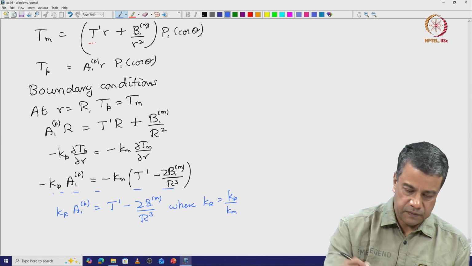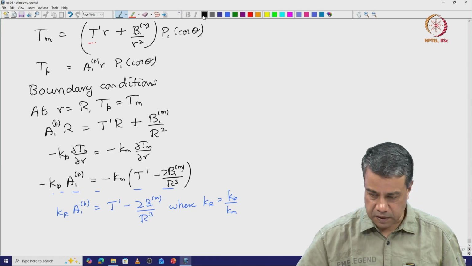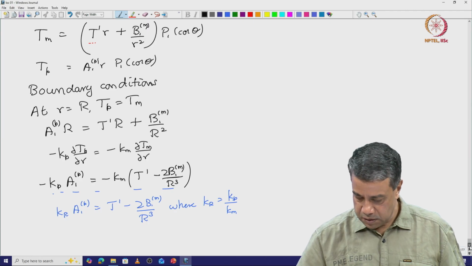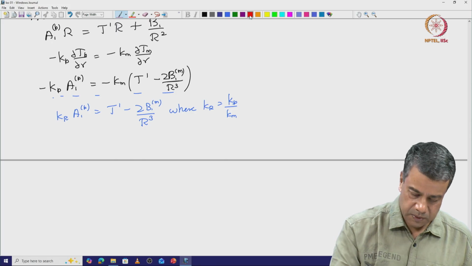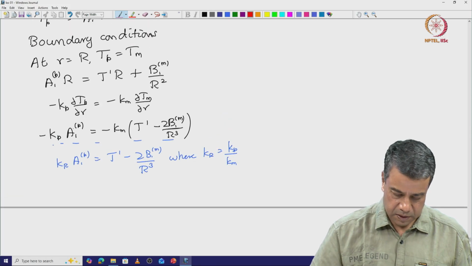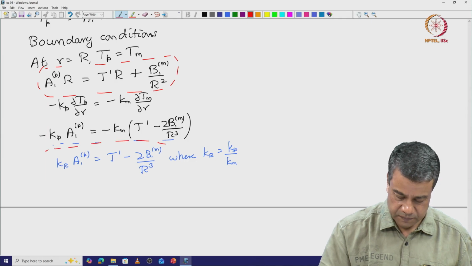That is the relative conductivity. Okay, that is the relative conductivity of the particle and the matrix. So, these two equations, okay, first one is for the temperature field. Okay, first one is for the temperature field. The second one is for the flux.